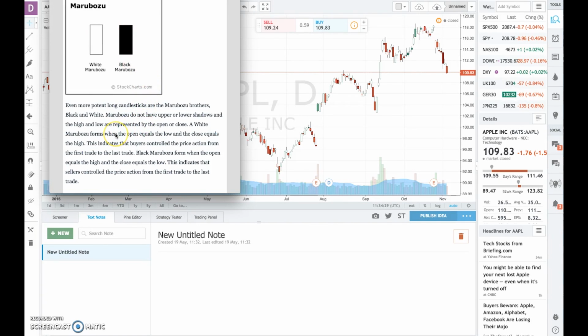So they don't have upper shadows or lower shadows, and of course the white indicates that it was a positive day, that it closed higher than it opened, and vice versa on the black, it closed lower than its open, but without any volatility range above and beyond the open and the close price.